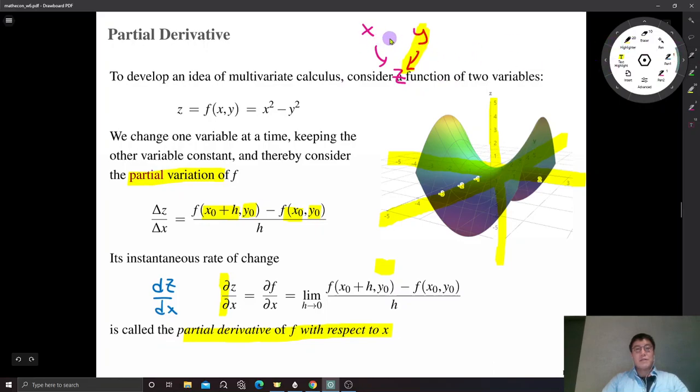But if there is a high interdependence between these two, so whenever x changes, y also changes. Okay? If y is a function of x, this analysis has no ground. So in that case, we have to consider a total variation of the function instead of partial variation.